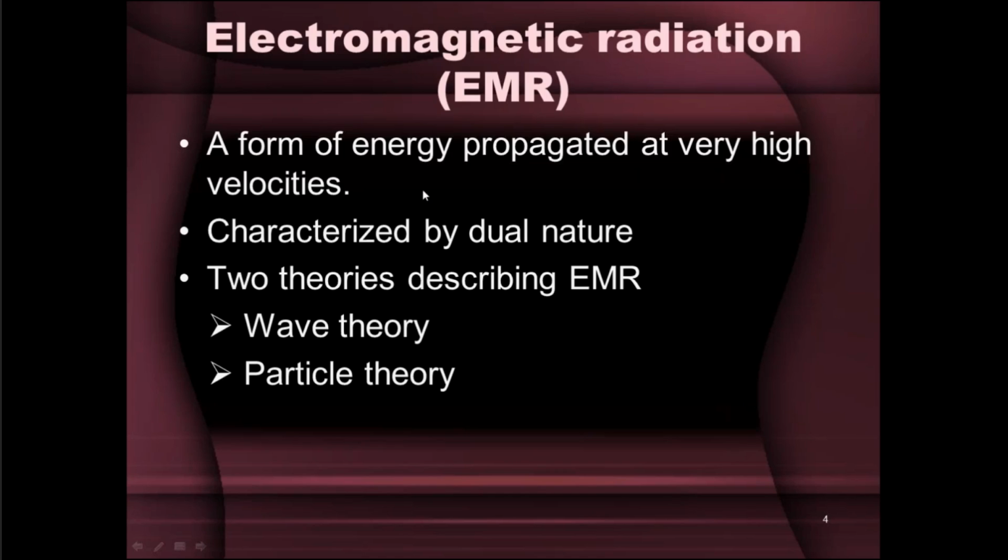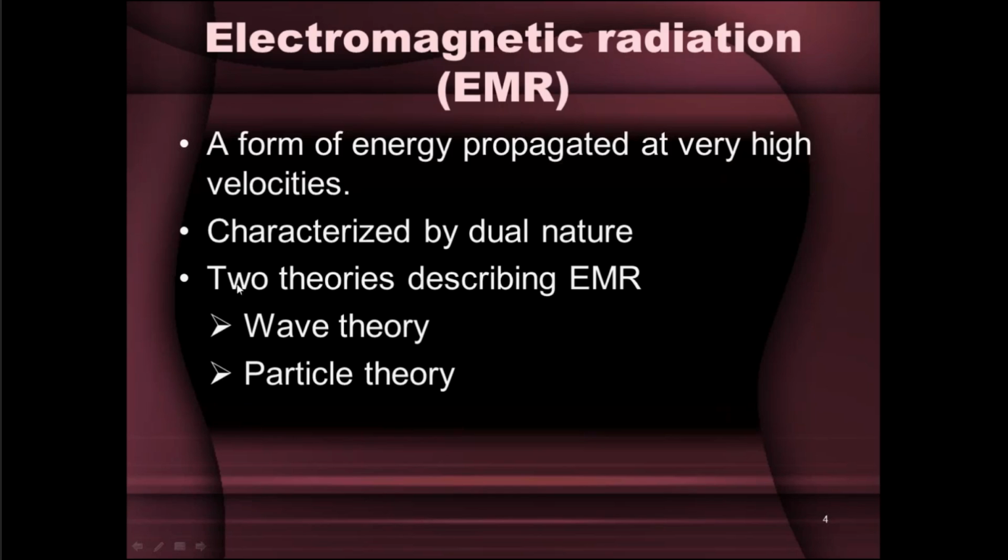It's many times compared with sound waves because electromagnetic radiation is also many times called electromagnetic waves. But the major difference between the two is electromagnetic radiation can pass through vacuum, but sound waves need a medium for propagation.